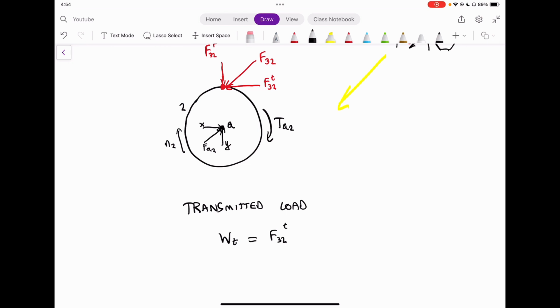So essentially what we're saying is that we do have a line of action of 20 degrees, but the actual transmitted load between two gears is the tangential component of the force, okay? And we usually call that W sub T, okay? In this case, in our free body diagram above, we can see that the useful transmitted load is actually F32T.